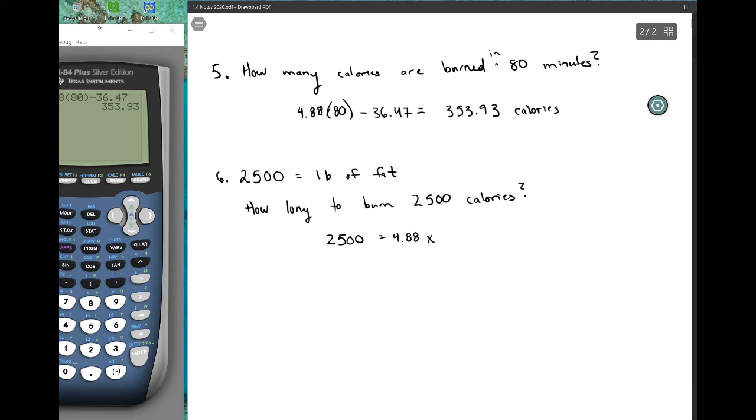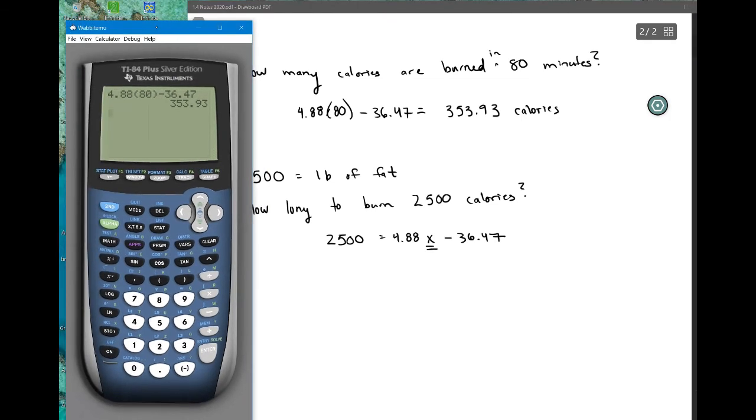So let's see how long it would take to burn all that off. We're going to add 36.47, so we have 2536.47 equals 4.88x. Divide by 4.88.